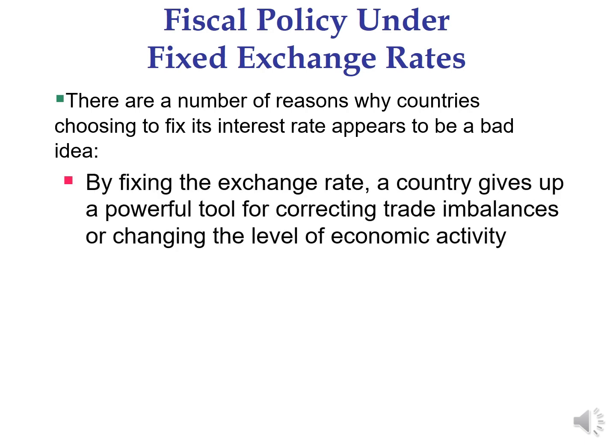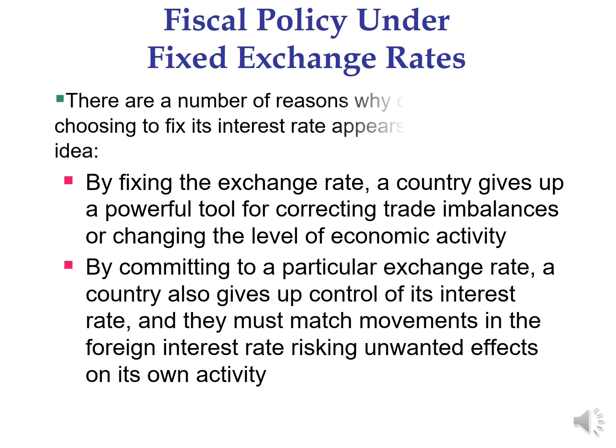By fixing the exchange rate, a country gives up a powerful tool for correcting trade imbalances or changing the level of economic activity. By committing to a particular exchange rate, a country also gives up control of its interest rate, and must match movements in the foreign interest rate, risking unwanted effects on its own activity.